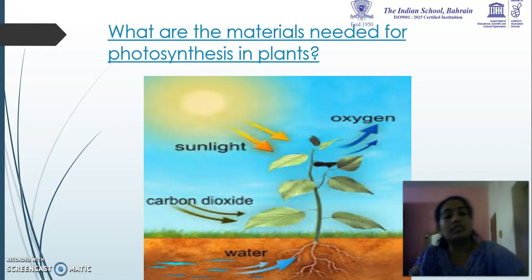Using the sunlight energy absorbed by the chlorophyll, carbon dioxide and water combine to form glucose, which is basically the process of photosynthesis, and oxygen is a byproduct or waste product which is released into the surroundings. So in this session we are going to prove that sunlight, carbon dioxide, chlorophyll, etc. are really required for photosynthesis.